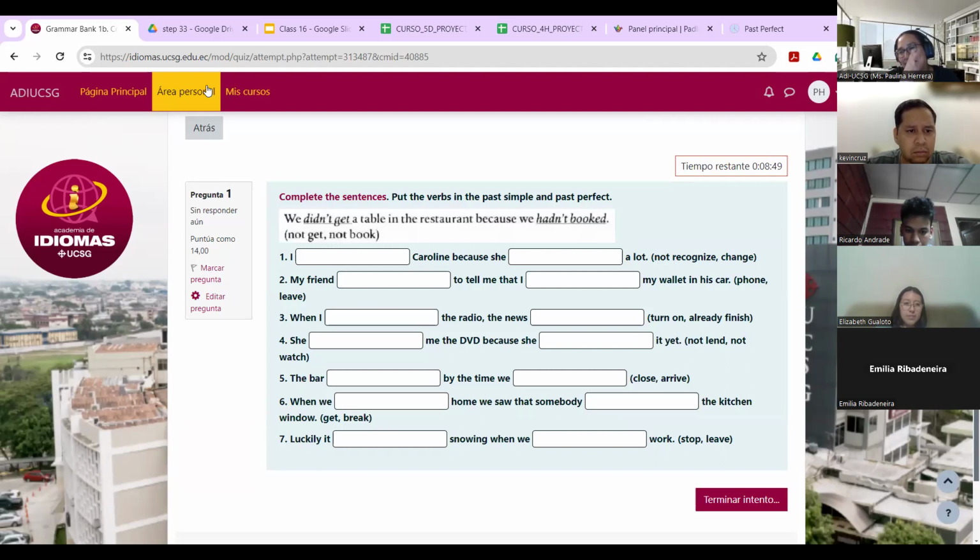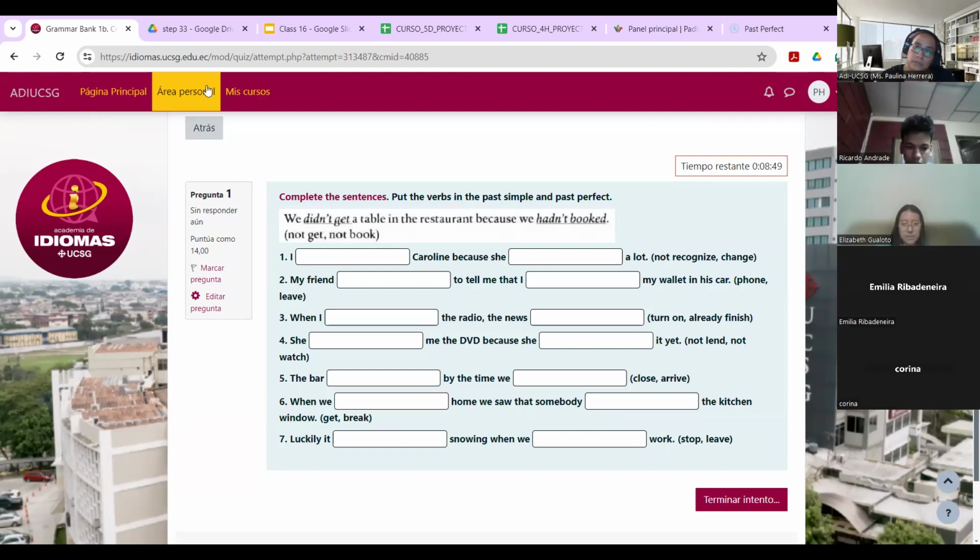So luckily, no more snow when we left work. Miss, sorry, can you repeat the 7? Number 7. In this case, luckily it had stopped snowing when we left work. First, the snow stopped, then we left work. That's why it's a lucky thing.